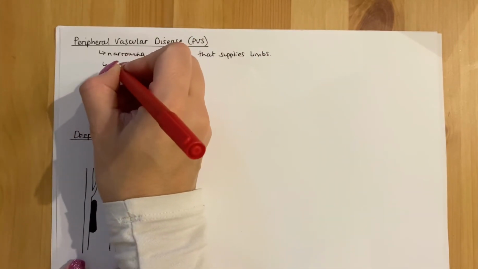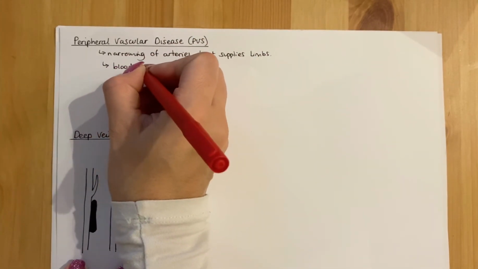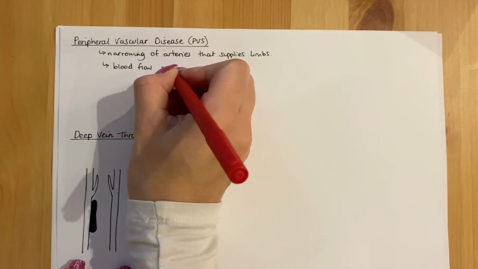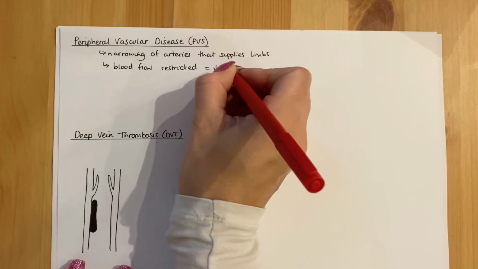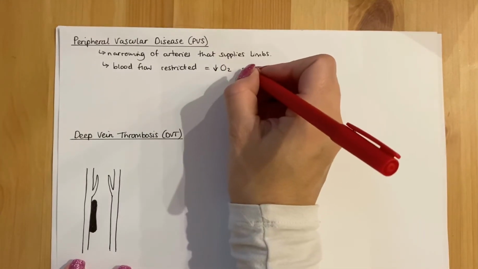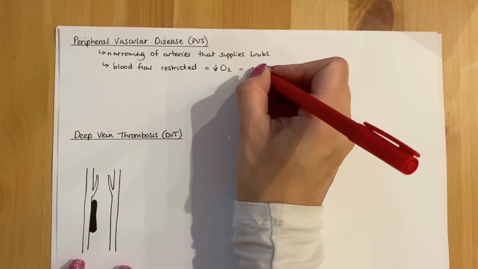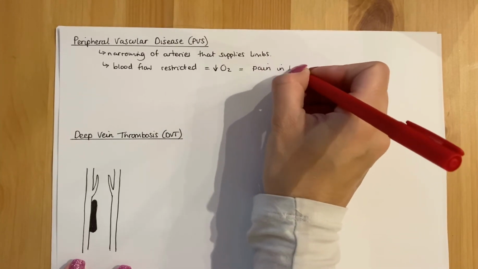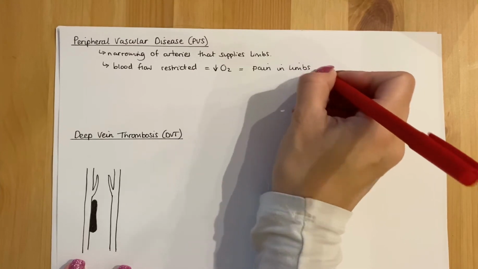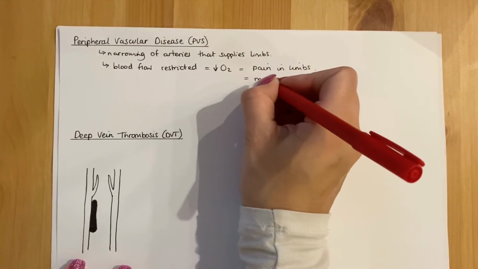If blood flow is restricted, then oxygen is restricted to those tissues. Now when oxygen is decreased to those tissues, that leads to pain, and it would typically be pain in the limbs, due to the muscles lacking oxygen.